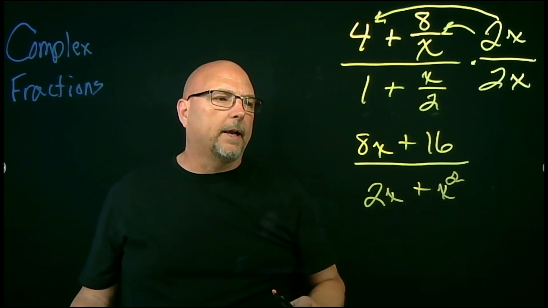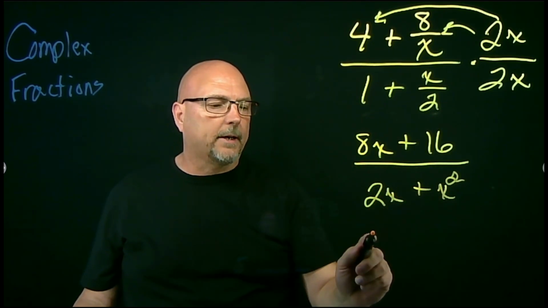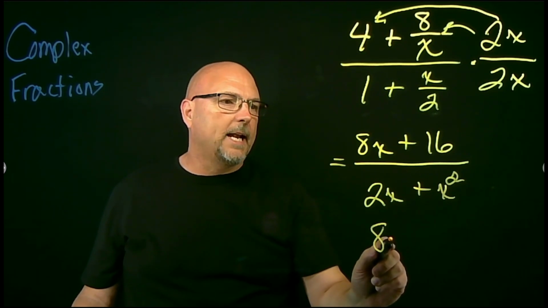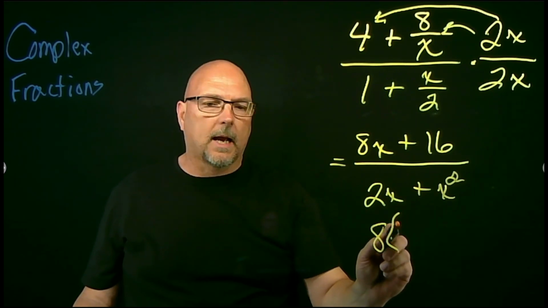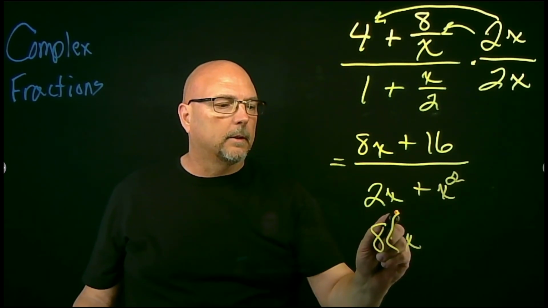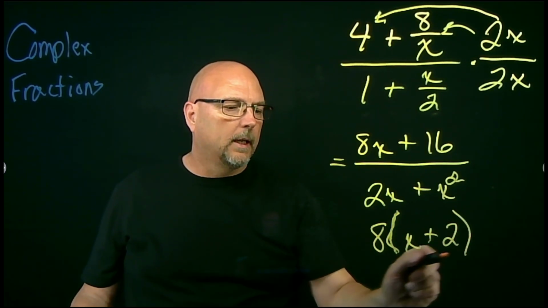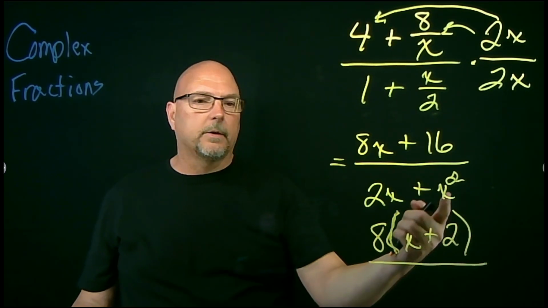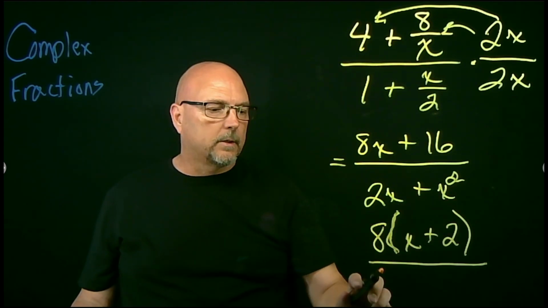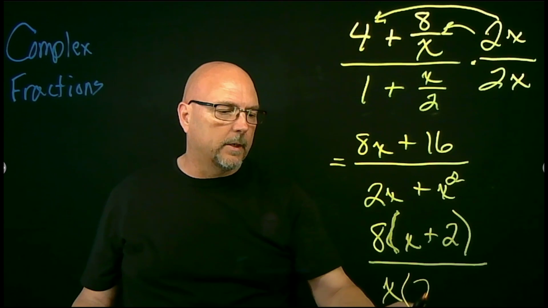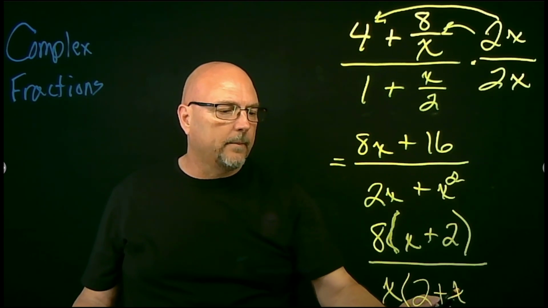All right, so you're almost there. So in the numerator, I have a common factor of 8, so I'm going to factor that out. 8 would be times parenthesis, plus 2. And in the denominator, there is an x in each term. So let's factor that x out, or undistribute it, if you want to think of it that way.